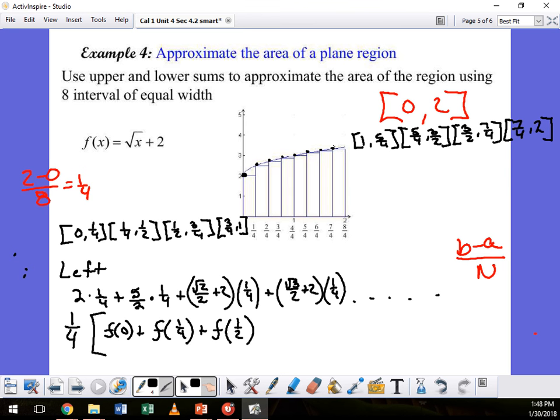There's one of them I'm going to ignore. Quick question: if you did the right side, would you have ignored the 0? Yep. So we can just choose; it depends on what it's asking for. Most of the time the question will ask you for the right. It also depends on the graph.